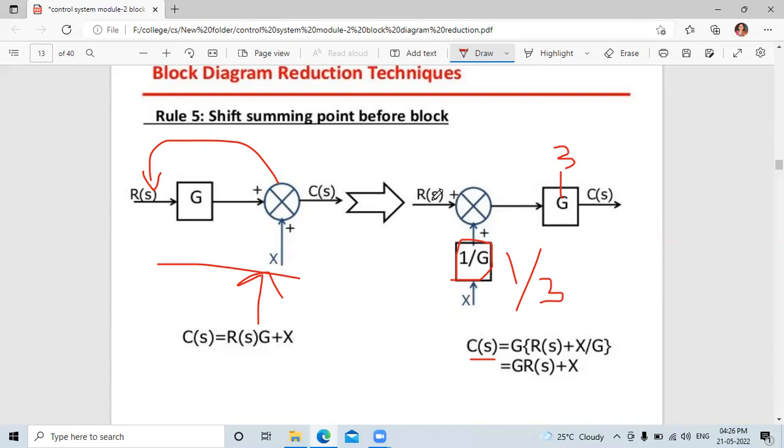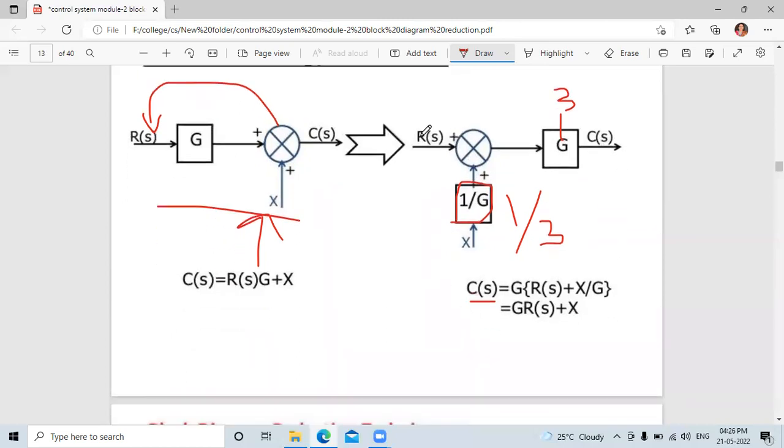So R of S divided by G, again into G. Here C of S equals G into R of S plus X divided by G. So when you multiply G into R of S plus X, similar.